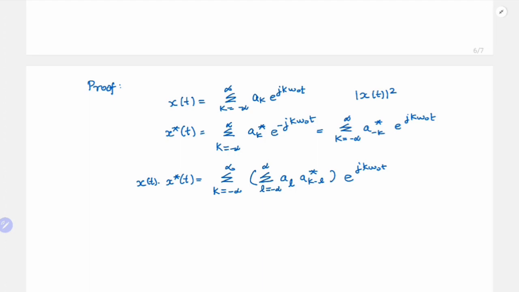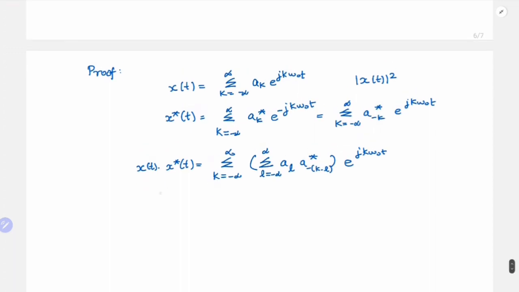We want l from here and k minus l from here. If you want k minus l from here, we will get minus k minus l here. So this will be minus of k minus l. And on the left hand side, we have mod x of t whole square. So this is equal to summation l equal to minus infinity to infinity al into a l minus k conjugate e power jk omega naught t.